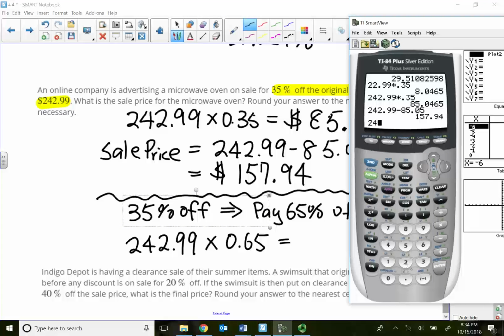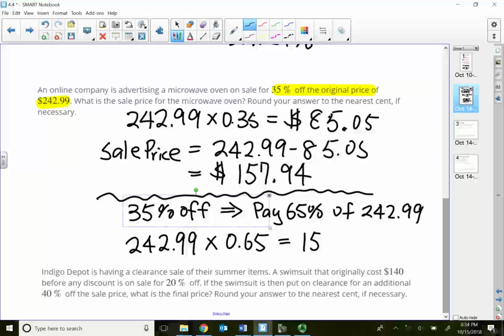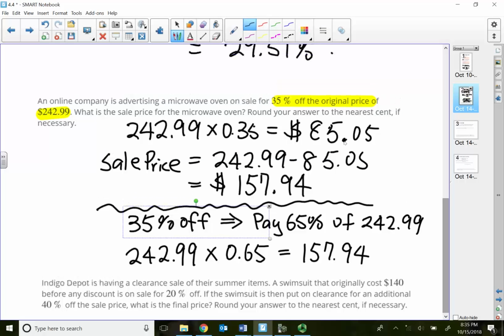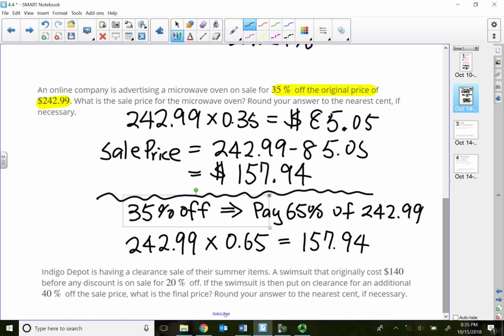So 242.99 times 0.65. See, same answer, 157.94. Voila. So why does this way seem easier? Because this way I'm subtracting the percentage, versus above where I'm subtracting the actual amount of money. That's why it seems a little bit easier.